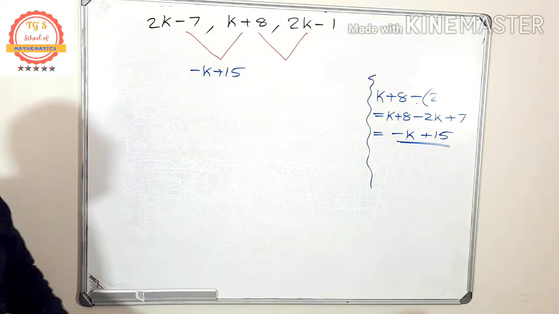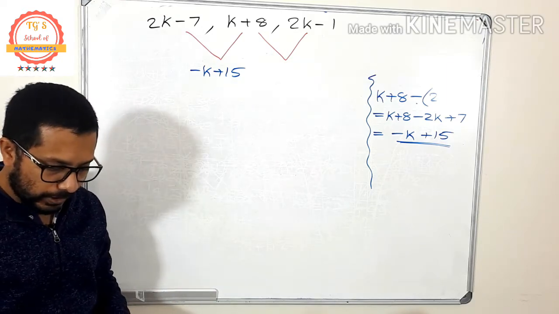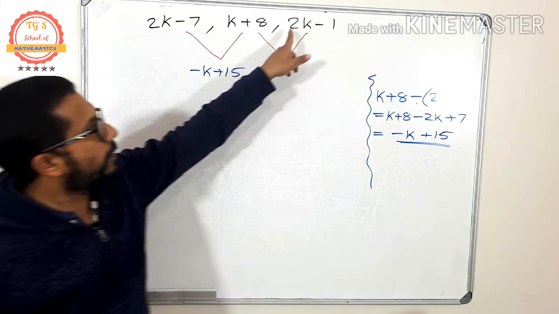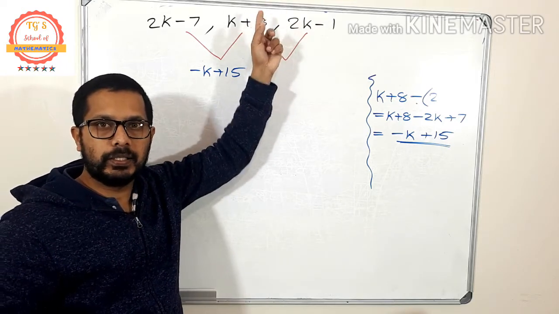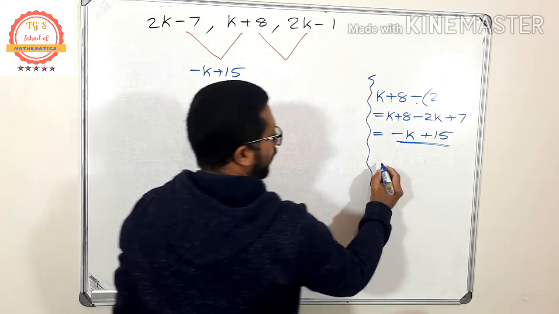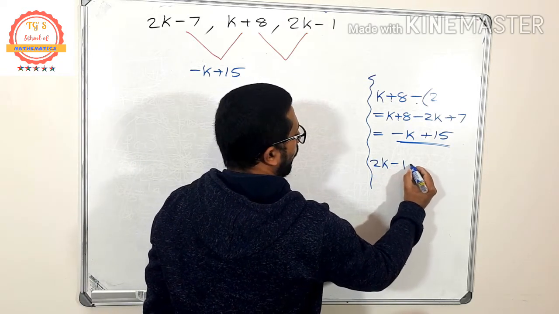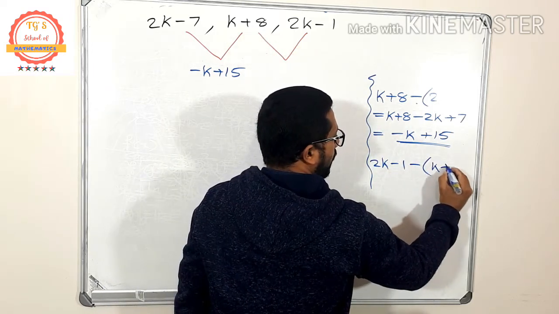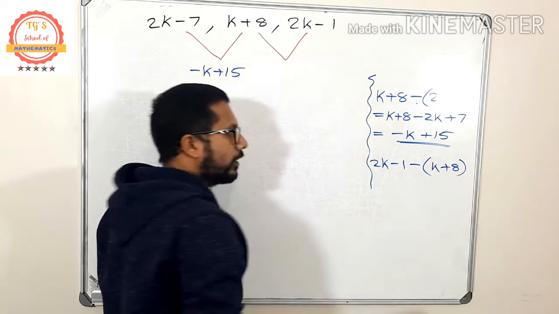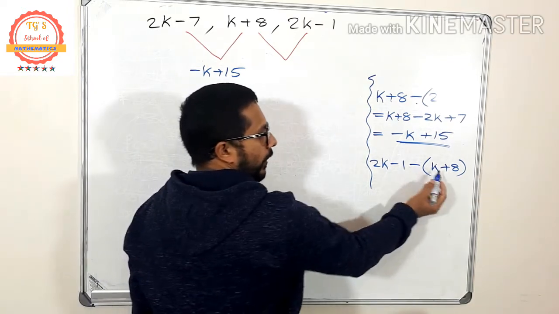Okay, now we have to find this one. How can we find that one? This 2k minus 1, third term minus second term. So subtract 2k minus 1 minus what is the second term? K plus 8. You can see that I put that second term in the bracket, then we have to expand this bracket.